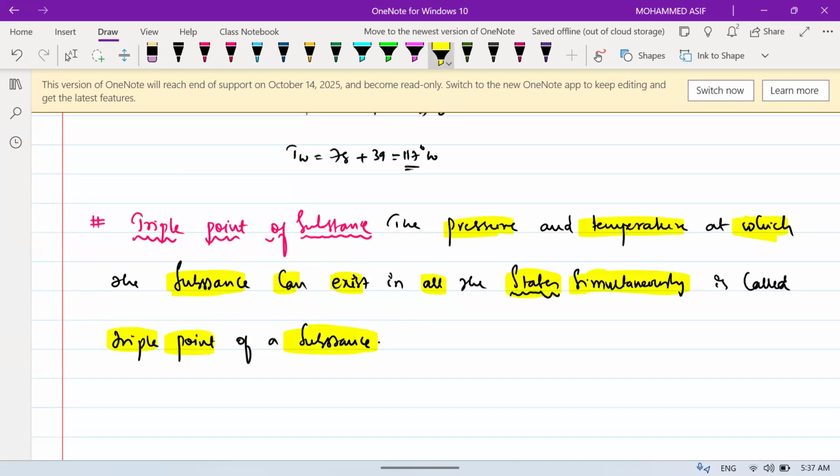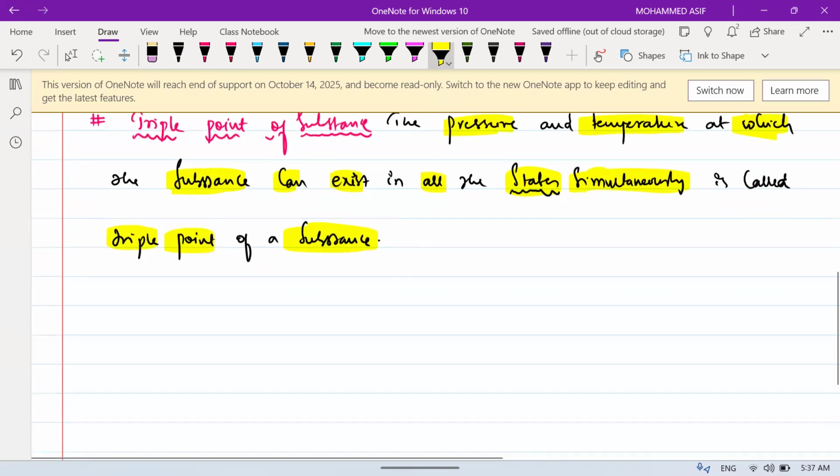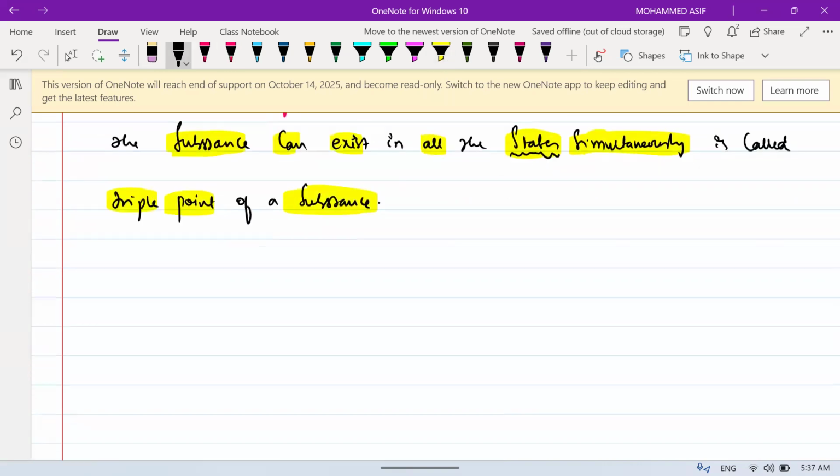All the states means solid, liquid, as well as gases. And what is that pressure? That pressure is 4.59 mm of mercury, which equals 0.459 centimeter of mercury, and that value is 610.2 Pascal.